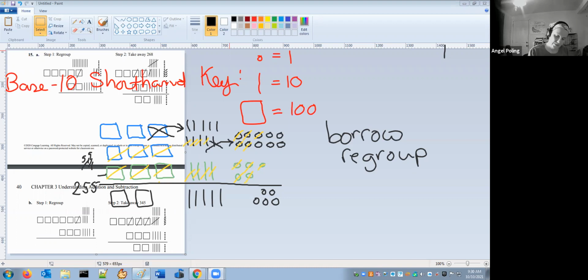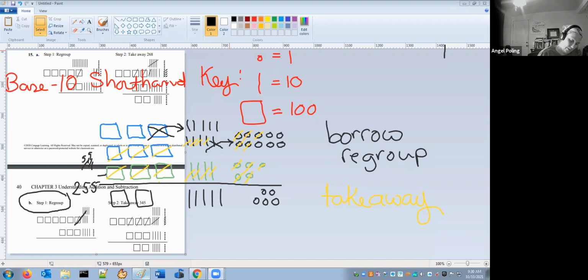So I suppose I would want to let the reader know that I was doing takeaway when I was doing the yellow cross marks. In their version of the answer, as I was saying, they have their borrowing and regrouping images as step 1, where they show crossing out an image and regrouping, right?